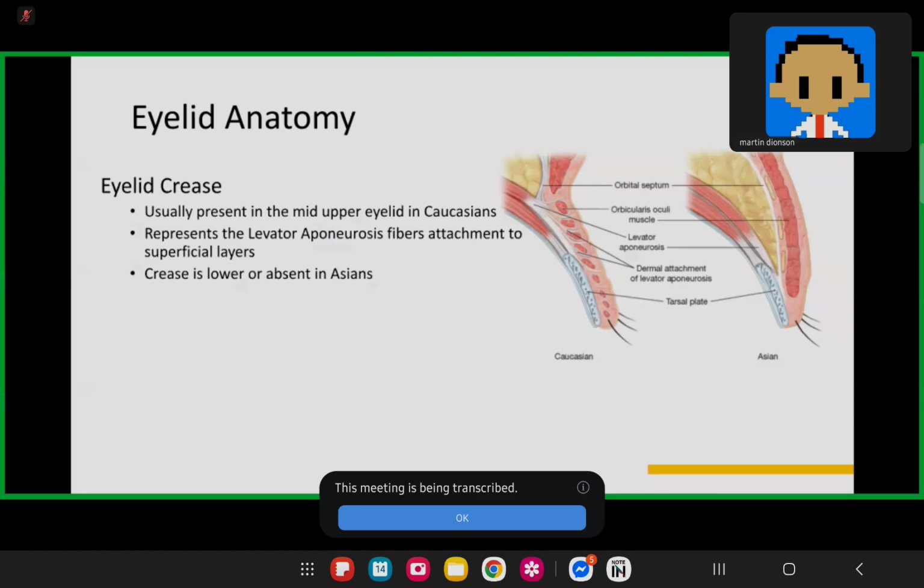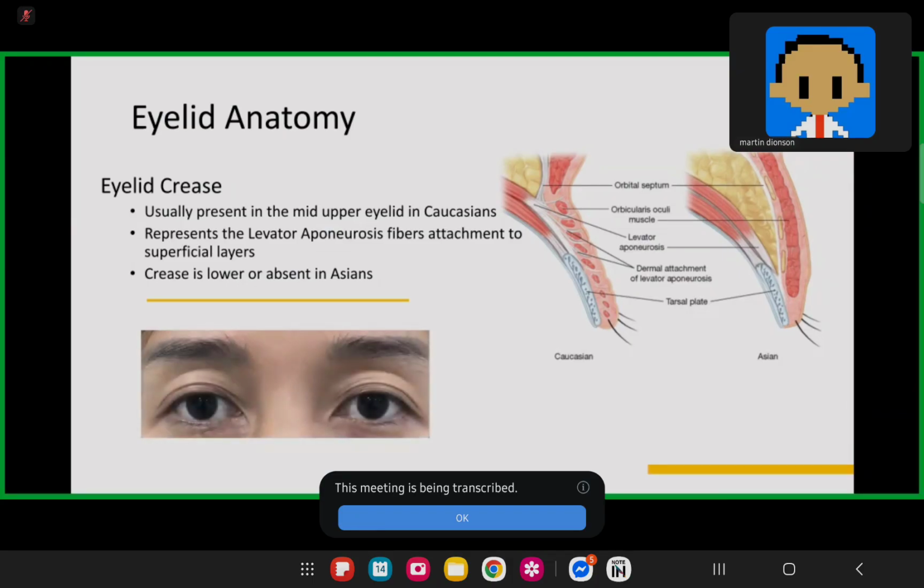So eyelid crease can be differentiated for Asians, Caucasians, and different people. Your eyelid crease is usually present in the mid upper eyelid in Caucasians, and this also represents the levator aponeurosis fibers attachment to your superficial layers. You'd notice that in Asians, the crease is lower or absent.